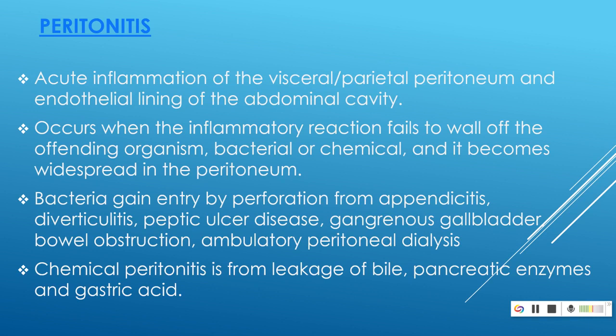So bacteria gain entry by perforation from appendicitis, like we just mentioned, diverticulitis, which is inflammation of the diverticulum in the colon, peptic ulcer disease, a gangrenous gallbladder, a gallbladder that's become infected, bowel obstruction, ambulatory peritoneal dialysis.